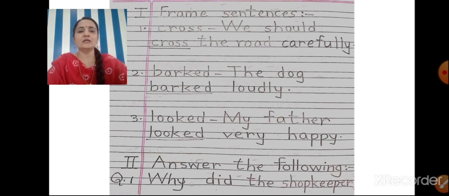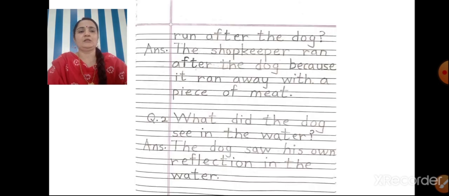Then write question number 1. Next line, in the red column, write question number 1. Why did the shopkeeper, SHOPKEEPER, shopkeeper. Now let's go to the next page. Run after the dog. Then put question mark. After each and every question, you have to put question mark.